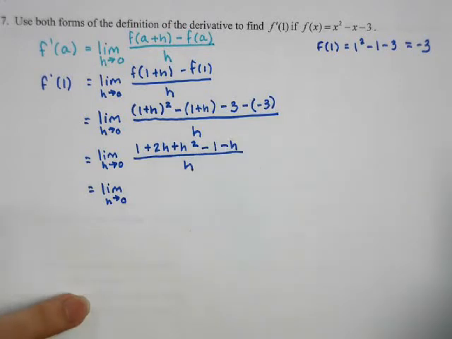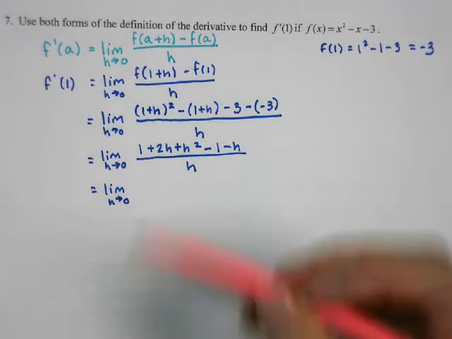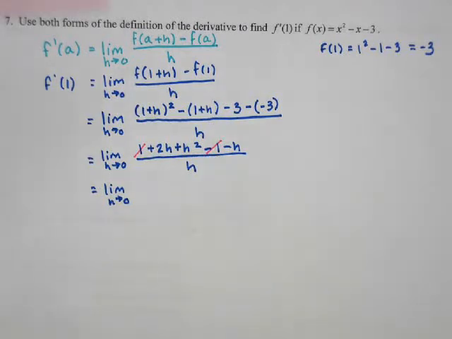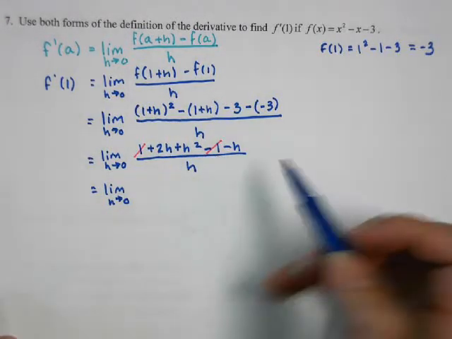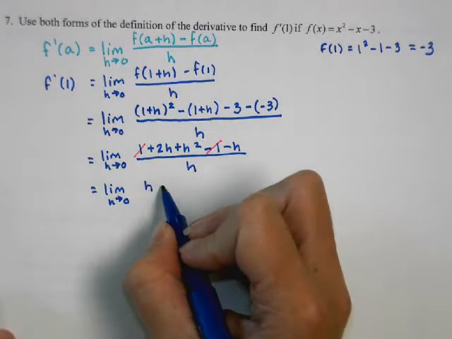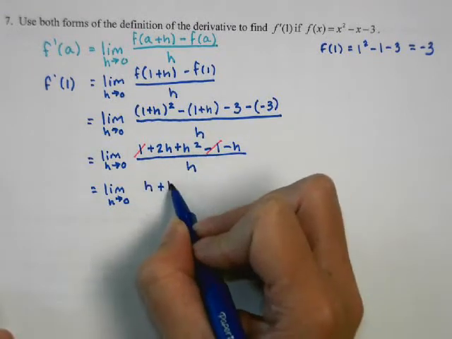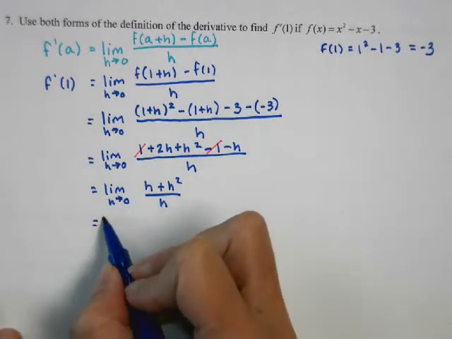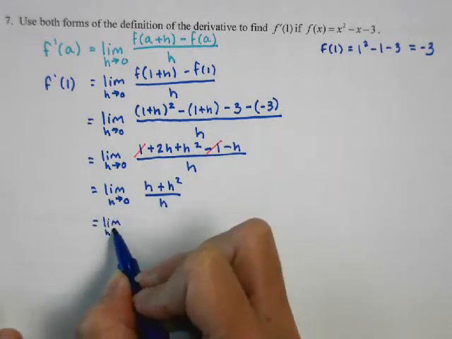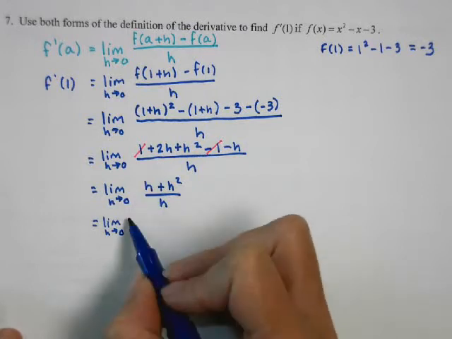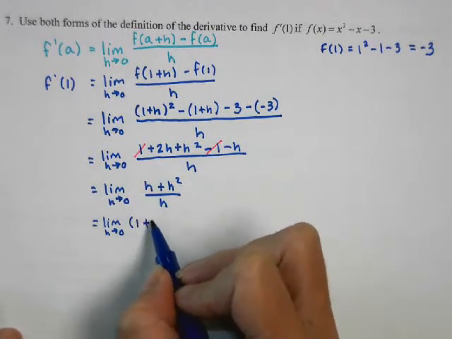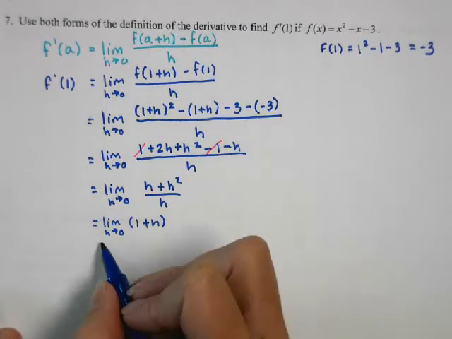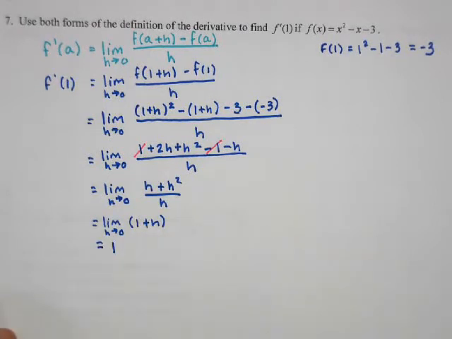So the 1's will cancel, and then we're going to have 2h minus h, so that'll be h plus h squared. The h's will reduce, so we're going to have 1 plus h. The limit as h goes to 0 of 1 plus h is 1.